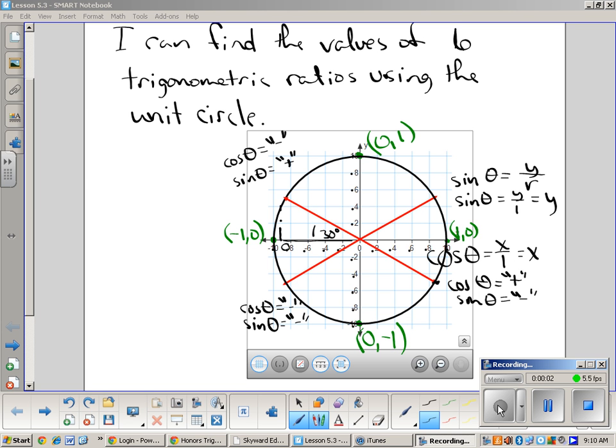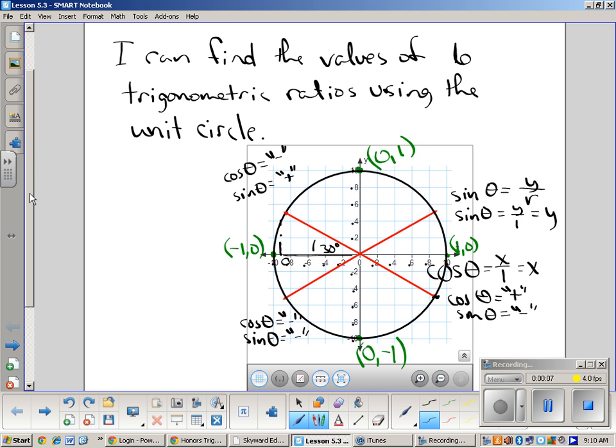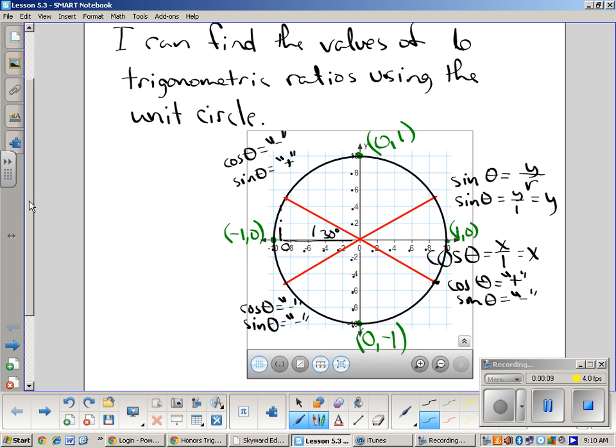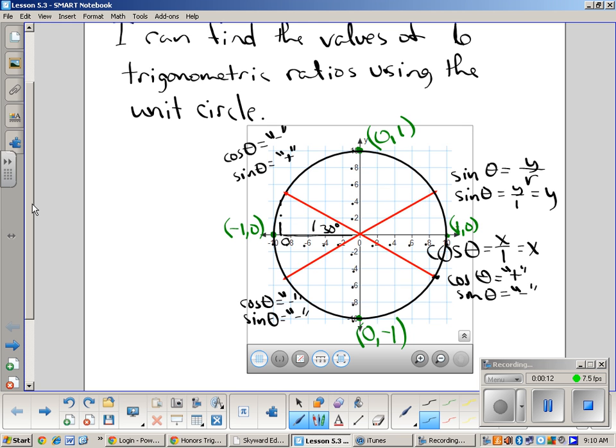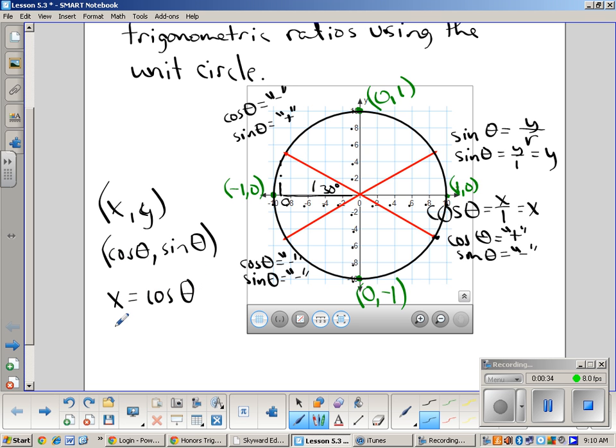Again, a lot of this is reviewing what we did on Friday. We would find the values of the 6 trigonometric ratios using the unit circle. On Friday we said that (x, y) is the same as (cosine theta, sine theta), so x equals cosine theta and y equals sine theta.